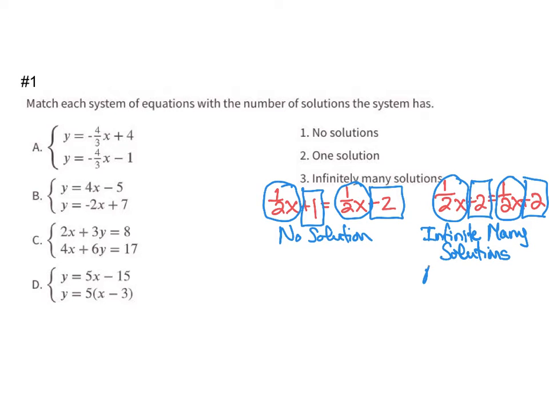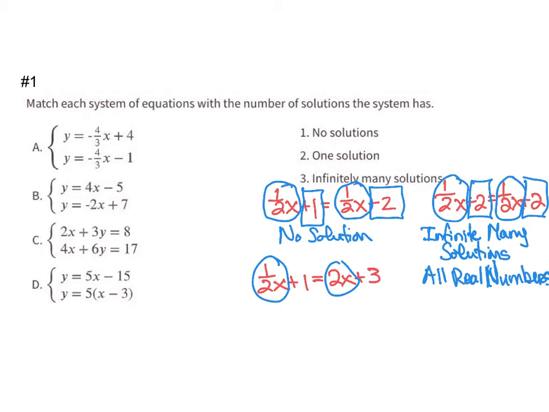It's also known as all real numbers. Then what if we had 1/2 x plus 1 equals 2x plus 3? Again, are my variables the same? They are not. They are different, and this would be what is considered one solution.